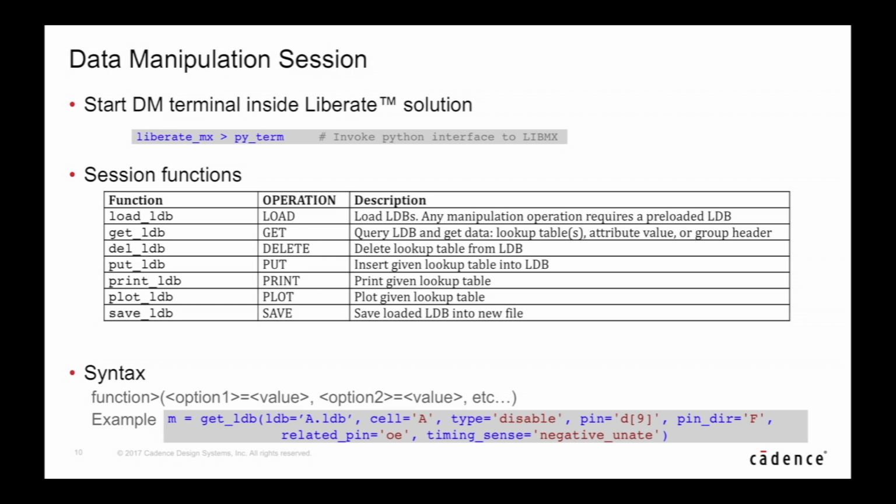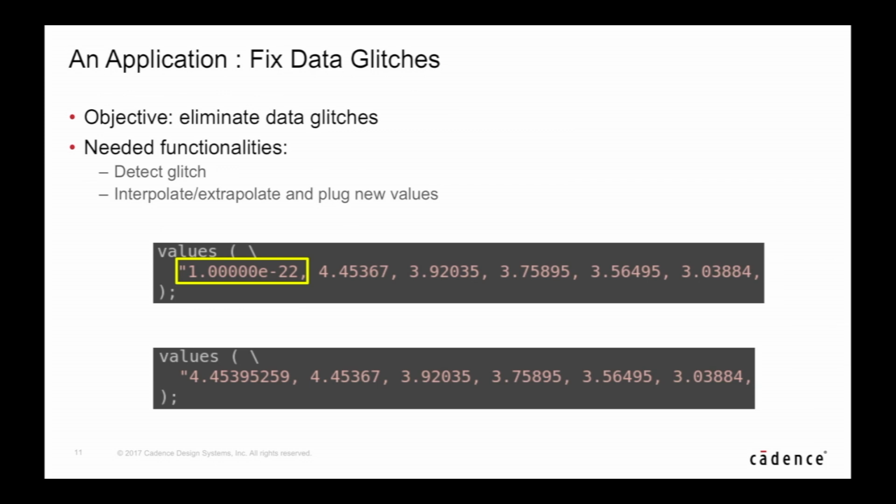After we get a match and the data extracted out of the library, we obviously have full access to all the lookup tables that the specific match we asked for contains. This slide shows an example in which we have to correct a glitch introduced by the characterization, and how we can easily identify it first and then manipulate it to correct it.